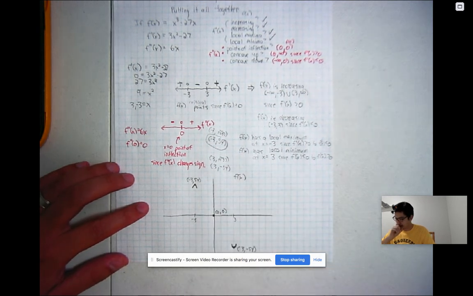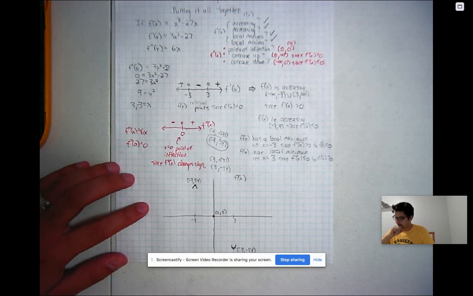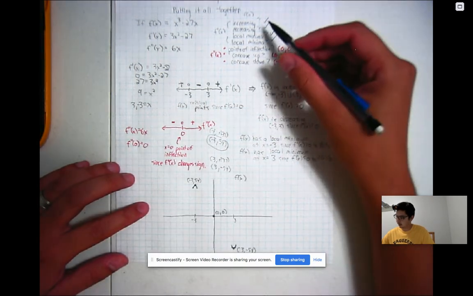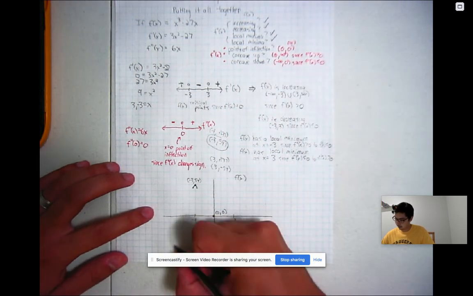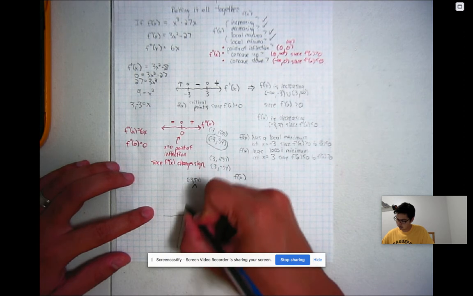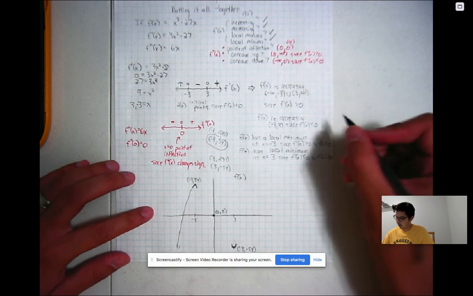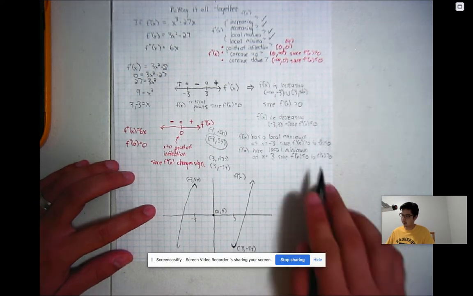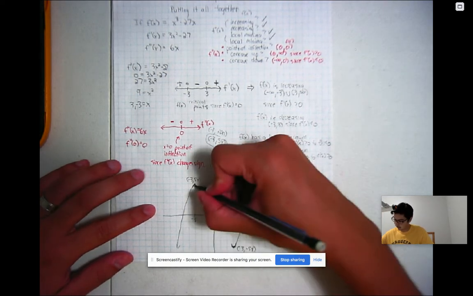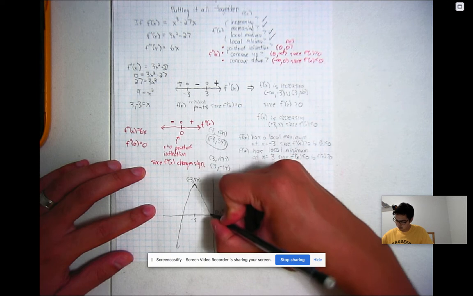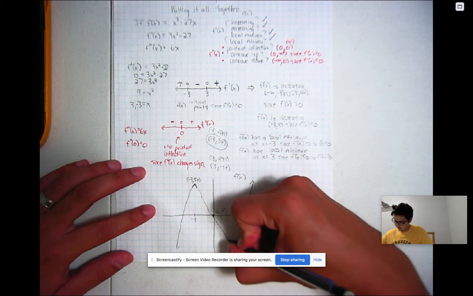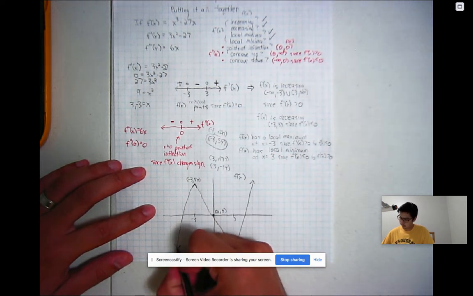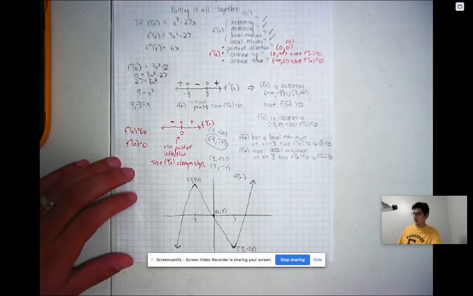And I think that might be all we need here. And it's increasing from negative infinity to -3. So we just start to connect this. Increasing from there to there and from 3 to infinity has positive slope, and it's decreasing from -3 to 3. So all of that is decreasing, like so.